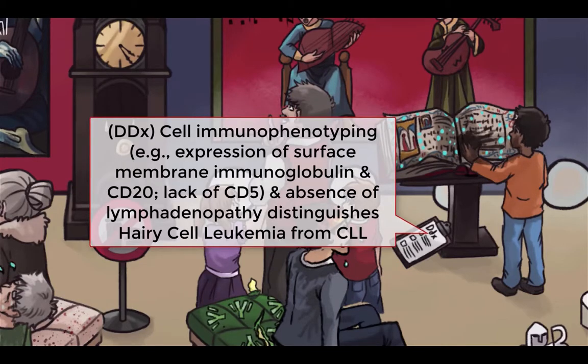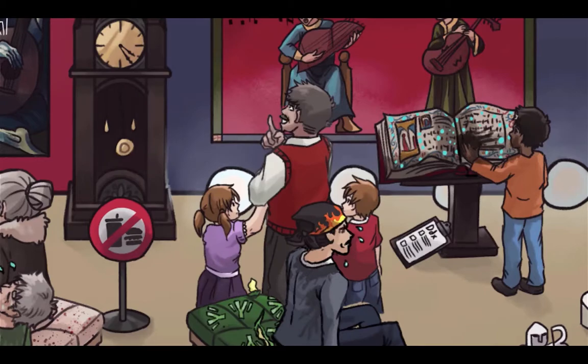One type of leukemia that can mimic CLL is hairy cell leukemia. Like CLL, hairy cell leukemia produces peripheral lymphocytosis, so it should always be on your differential whenever you're suspecting CLL. Unlike CLL, however, hairy cell leukemia does not present with lymphadenopathy.